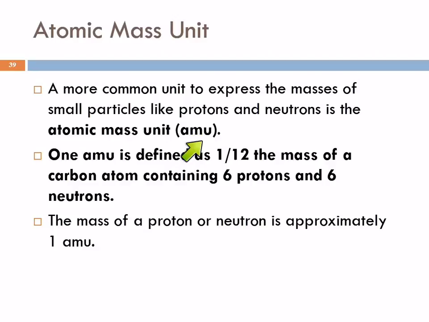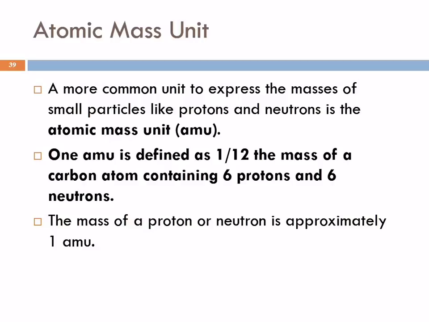That's not AMU, which might be a cousin of an emu. It's AMU. So here's the definition. 1 AMU is 1/12 the mass of a carbon atom that contains 6 protons and 6 neutrons. That's kind of a weird definition. Basically, what they're saying is, here we've got an atom, and in its nucleus, it has 12 of these larger particles, neutrons and protons.